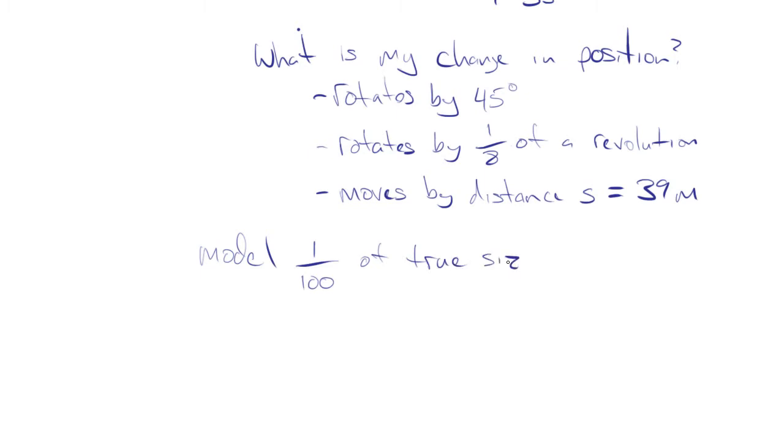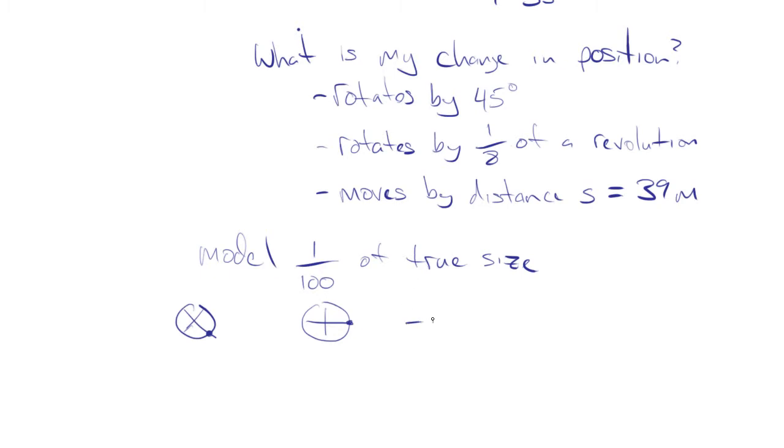You have the same exact picture now, and you still want to describe the change in the position of some point on the rim. So again, you have a model now, and you've rotated. We're looking at the same picture. You rotate from this position to this position. What is the change in position?